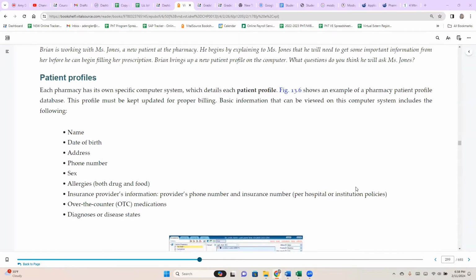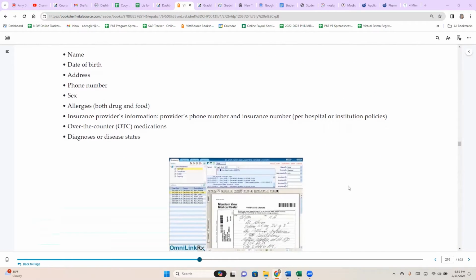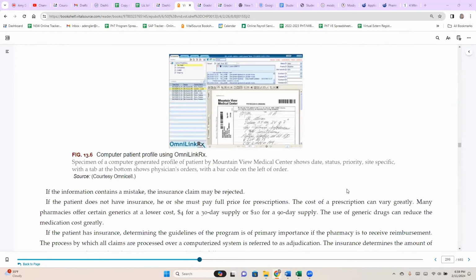Each pharmacy has its own specific computer system which details each patient profile. Basic information includes the following: name, date of birth, address, phone number, sex, allergies, both food and drug, insurance provider information, and over the counter drugs, diagnosis or disease states.